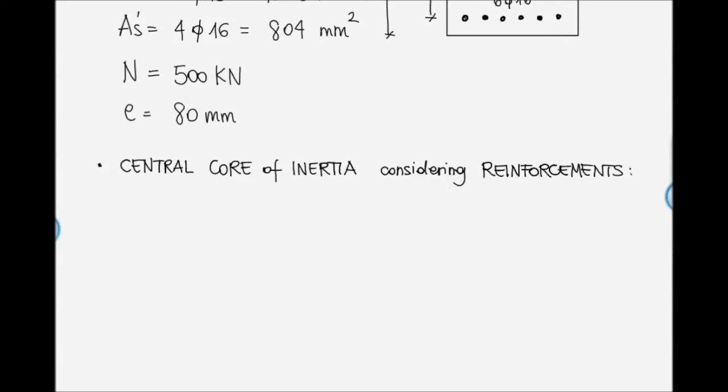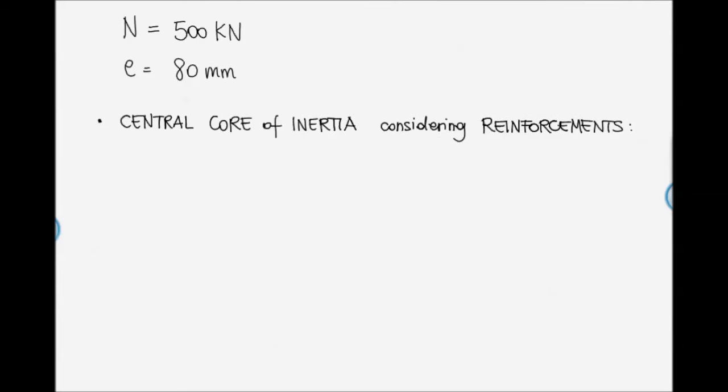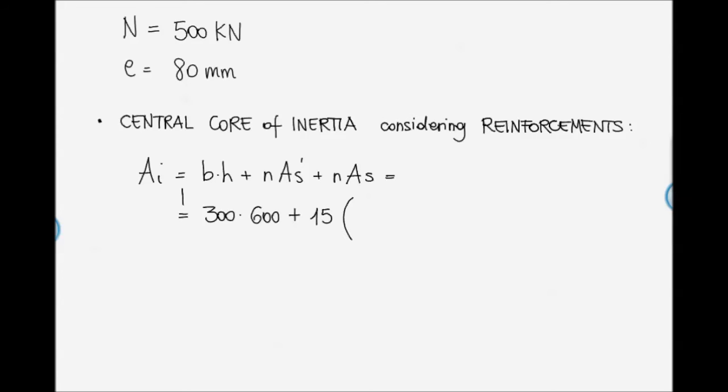Well, we have to calculate the homogenized cross-section area, AI, which is, as you know, B by H plus N AS prime plus N AS, which gives 300 by 600, which are the dimensions of the cross-section, plus 15, which is the value of the homogenization coefficient we use, that multiplies the sum of the reinforcement area.